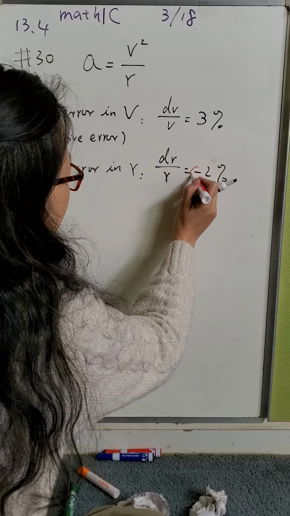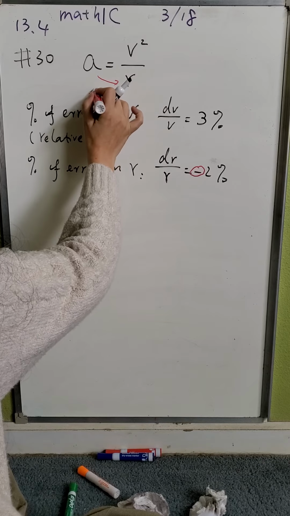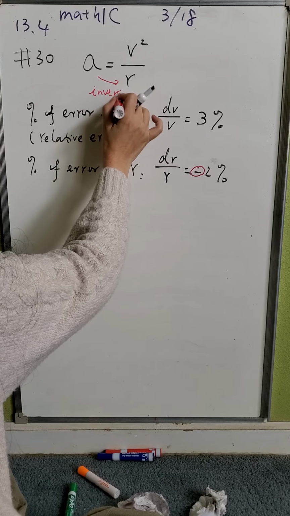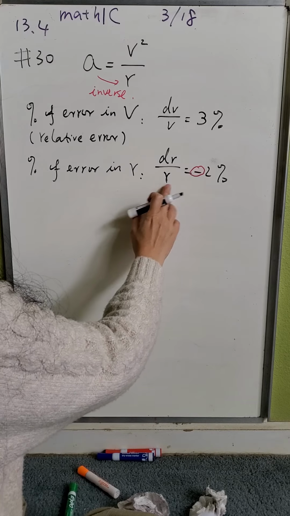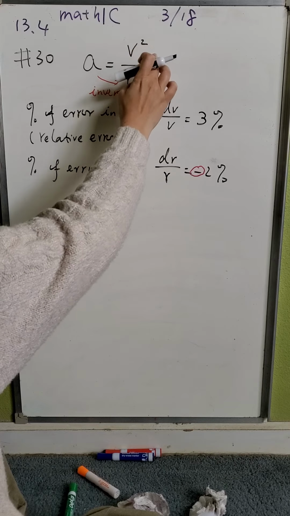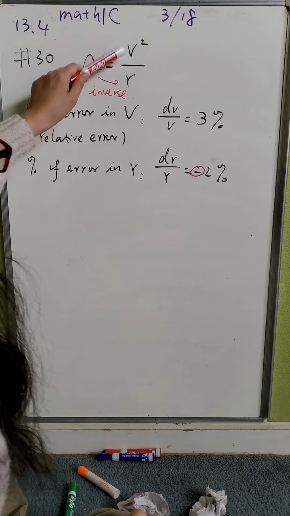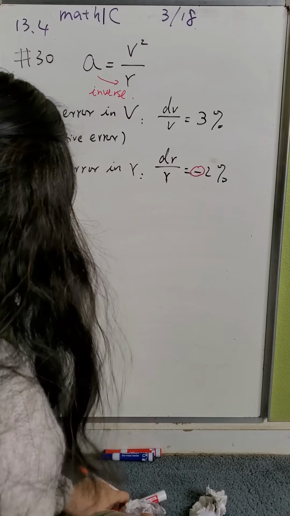Why is it negative? Because this one's an inverse to here. This is an inverse relationship. So when you have an inverse relationship, you need to put a negative for that one, okay, for the inverse one. For this one, it's direct, you don't need to put negative. The one on the top is direct, you don't need to put negative. But for the bottom one, it's the inverse, so you have to put a negative here.